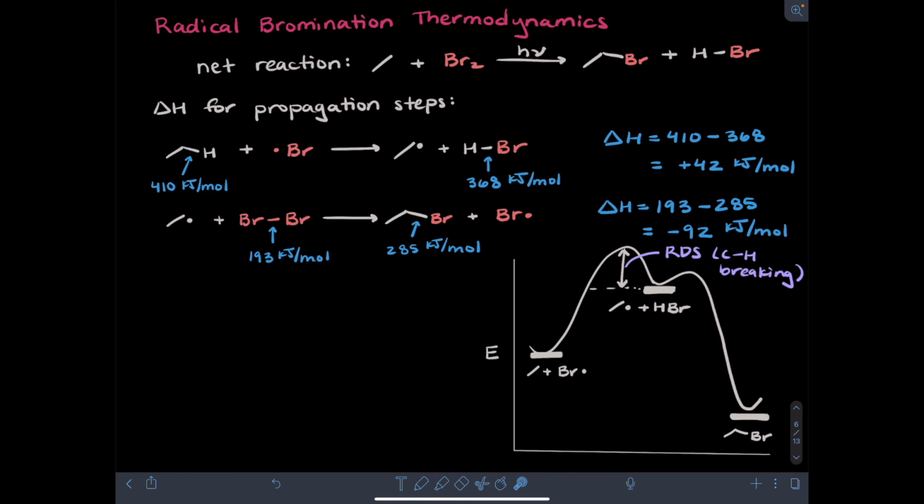And because this is more exothermic than the first step was endothermic, the reaction overall, going from starting material to products, is exothermic overall, like we saw earlier for methane. The most important takeaway from this analysis of radical bromination is that the hydrogen abstraction step, our rate-determining step, using the bromine radical, is endothermic. So a different outcome than we had for chlorination using the chlorine radical.